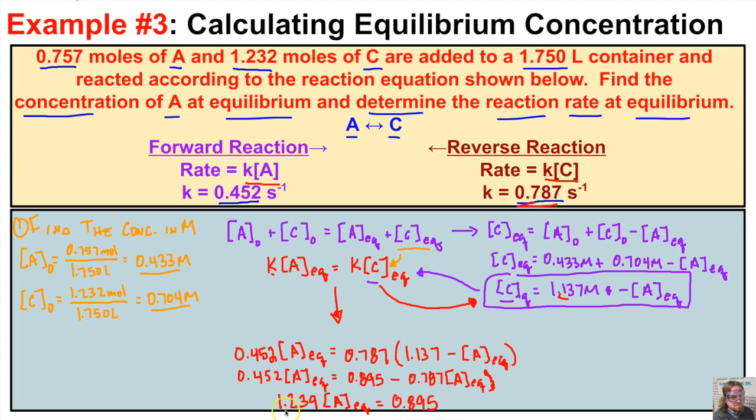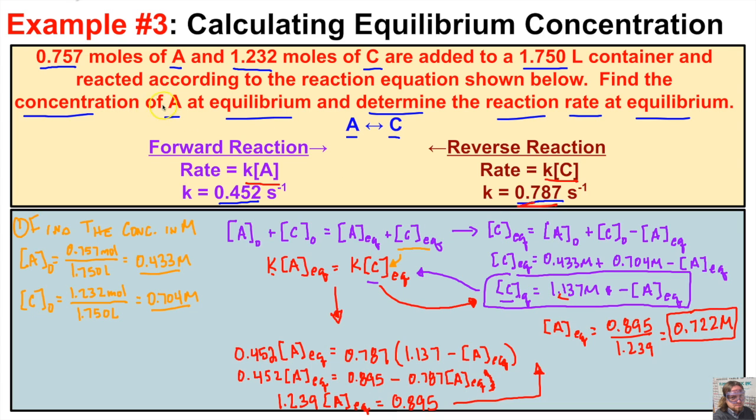We are going to divide both sides by 1.239. And so if we do that, we will end up with, we're running out of room right here, so we'll do this up here, the concentration of A at equilibrium equaling 0.895 all divided by 1.239. And we'll put this in our calculator, and we will end up with 0.722 molar.